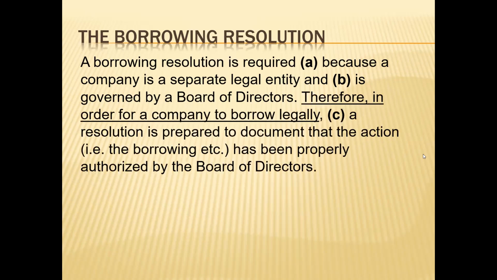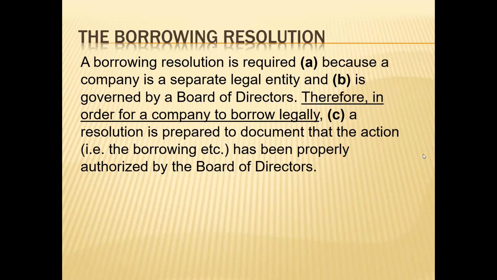The next point, C, therefore, in order for a company to borrow legally, a resolution is prepared to document that the action, that is the borrowing, etc., has been properly authorized by the board of directors. That's what I was alluding to just now.